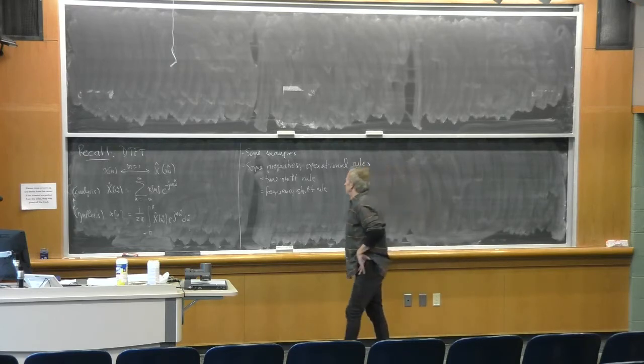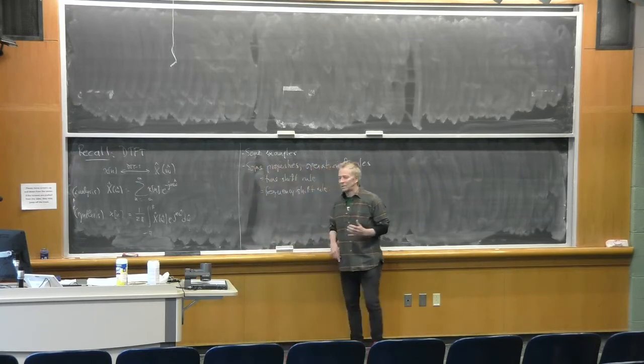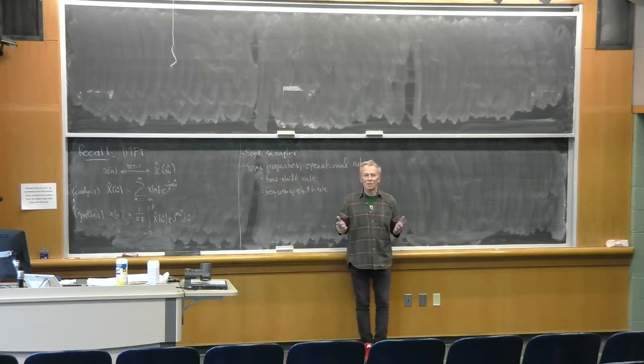Well, what I'm going to do first is give you a Riemann sum kind of reason for thinking of x hat of omega hat as a frequency content description. Then I want to do an example where you have a signal that intuitively has frequency content, and see how its DTFT reflects that.